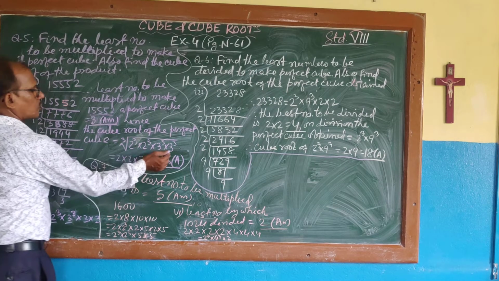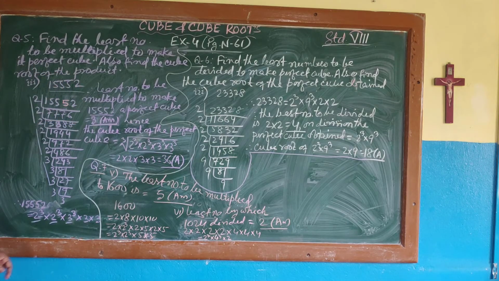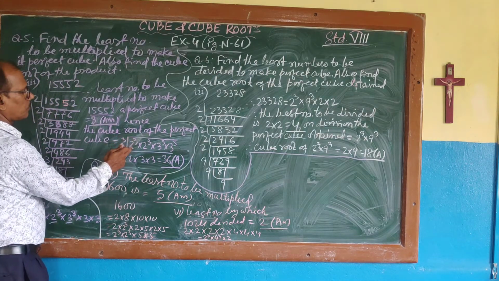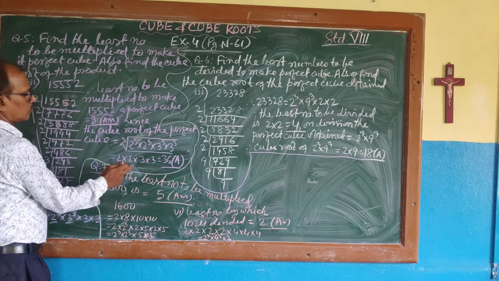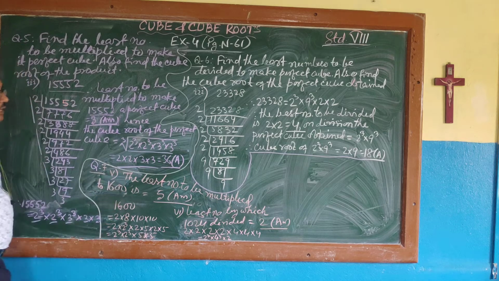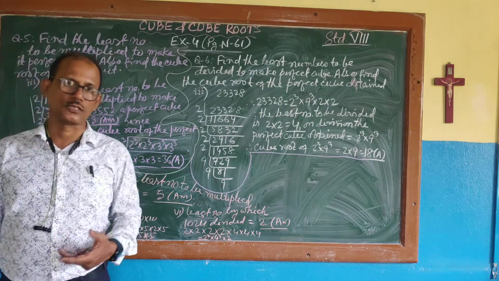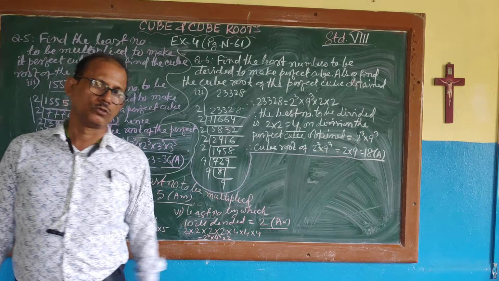The cube root value will be: from 2 cube, 2 comes, from 2 cube, 2 comes, and from 3 cube, 3 comes, and 3. So the product of these is 36. 36 will be the cube root value of the new perfect cube number obtained.